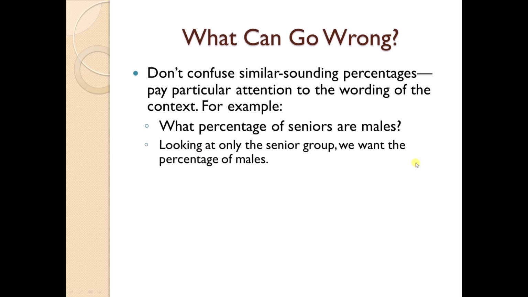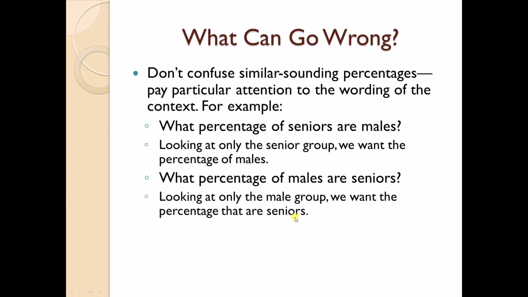So you're only looking at the senior group. We want the percentage of males. What if they change it around and say what percentage of males are seniors? Now you're looking at only the males and ignoring the females, and out of all the males, what percentage are seniors? So you've got to just think about it.